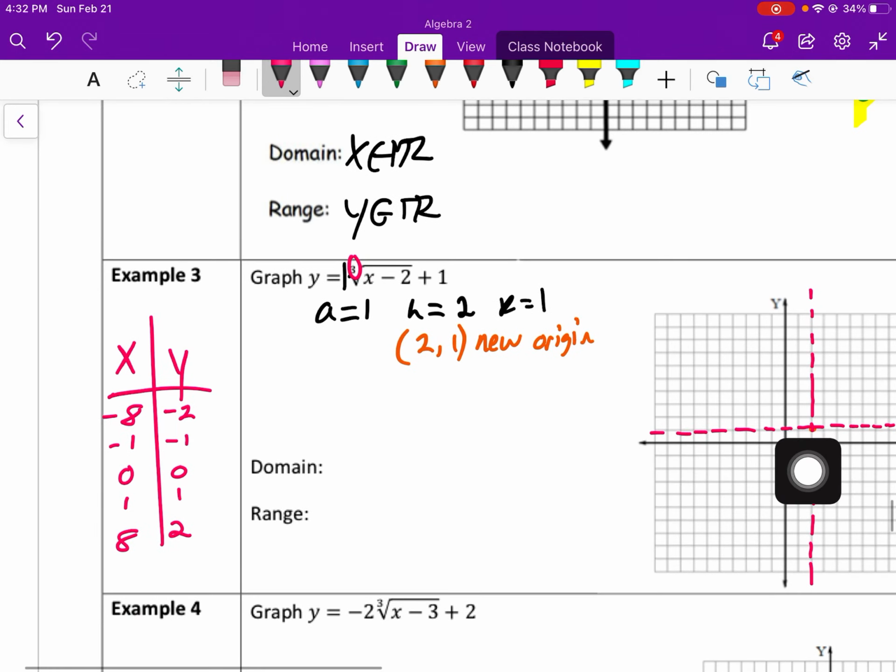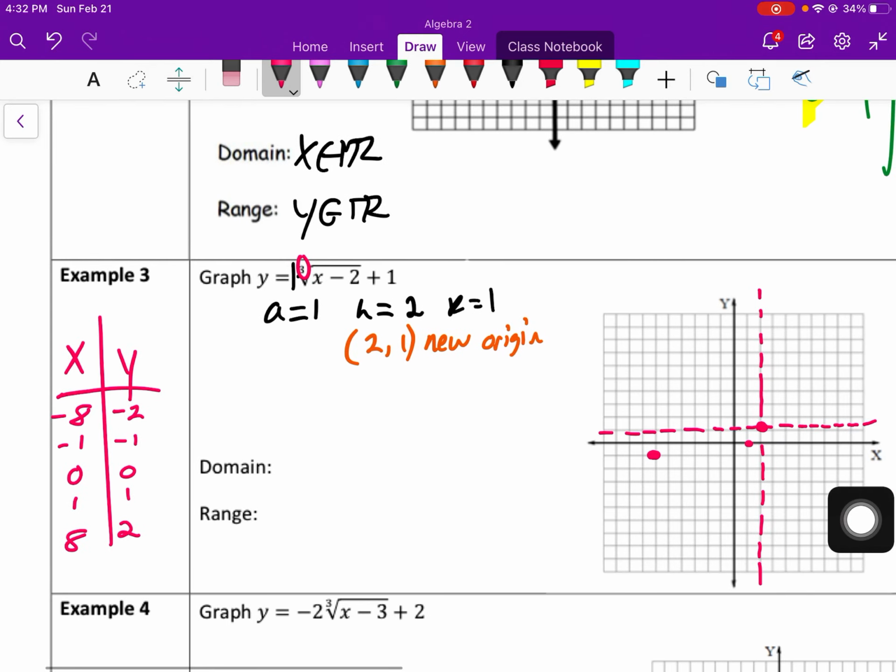So from here we go 1, 2, 3, 4, 5, 6, 7, 8, 1, 2. We're shifting from that point. 1, 1. I went back 1, down 1. 0, 0 is a point. 1, 1, and then we have to go to the right 8 and up 2. 1, 2, 3, 4, 5, 6, 7, 8, 1, 2.